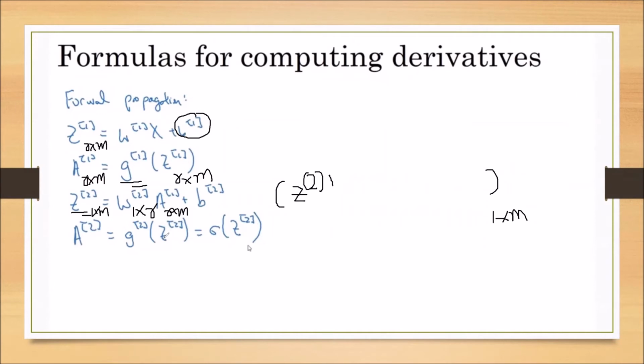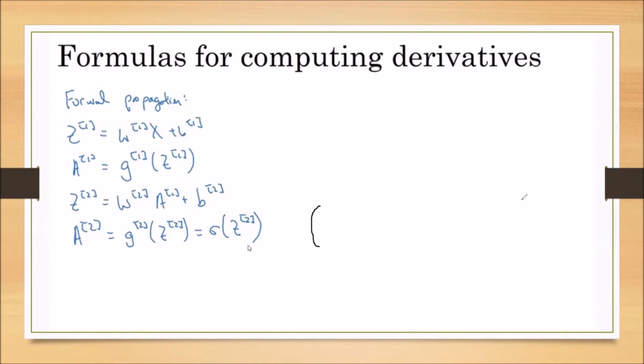Now our Z2 is ready, and the matrix size of Z2 is 1 by M. When we apply G of Z2, since it is the output layer, definitely we should apply the sigmoid function. The sigmoid of Z2 in the final layer gives us capital A2 as a 1 by M matrix.